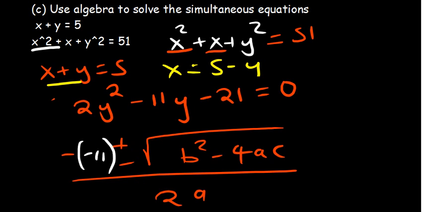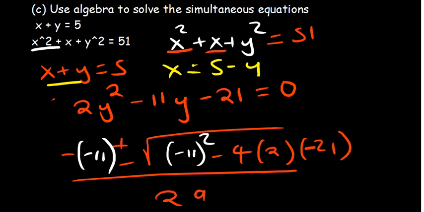Then where there's b squared, again I'll put negative 11. Then where is our a? I'll put our 2. Then our c is negative 21. Then where is our a again on the denominator part? I'll put our a, which is 2.